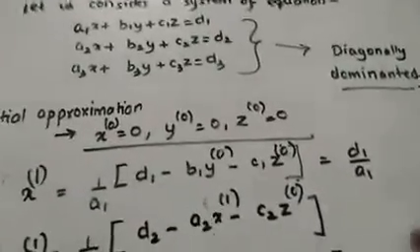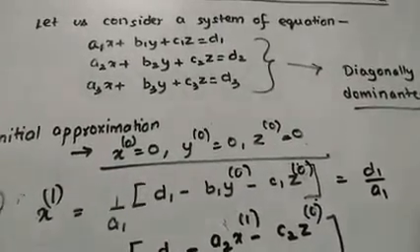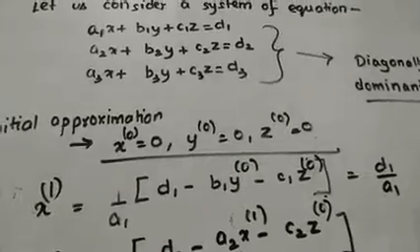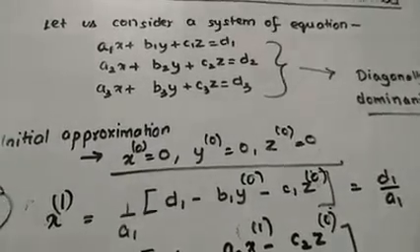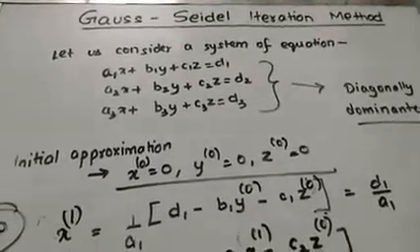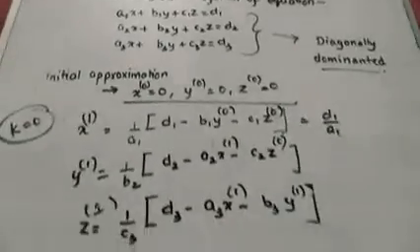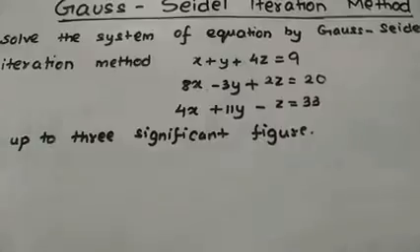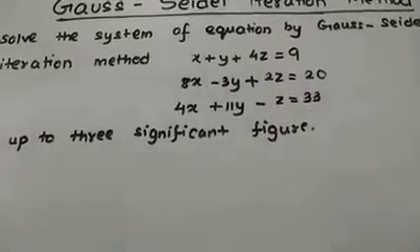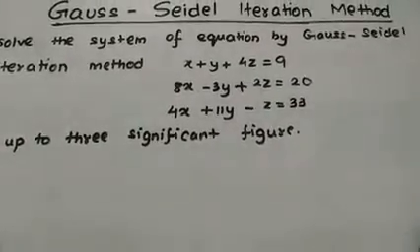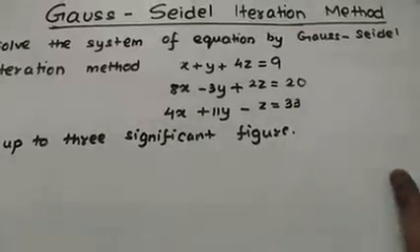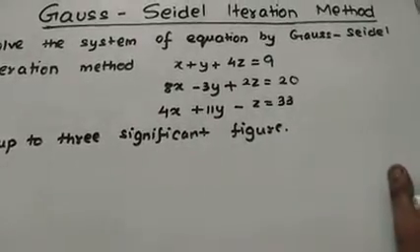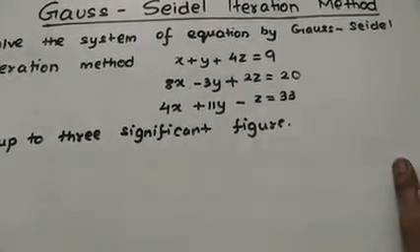Now the concept will be more clear if we solve some numericals regarding this method. So let us start by solving one numerical of this Gauss-Seidel iteration formula. The question is: solve the system of equations by the Gauss-Seidel iteration method. x plus y plus 4z equals 9, 8x minus 3y plus 2z equals 20, 4x plus 11y minus z equals 33.